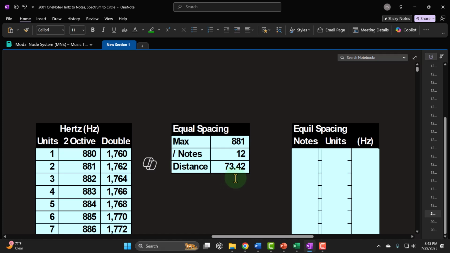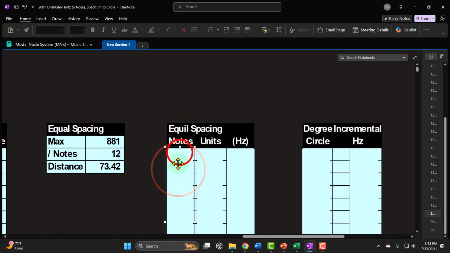So if I tried to do equal spacing, just looking at the distance of that octave, it would be 880 units divided by 12, so I can do equal spacing, and I can say, okay, I'm just going to take the 1, and then we'll say 0, and then if I go up to the next one, it would be 73 about, because we round it down.